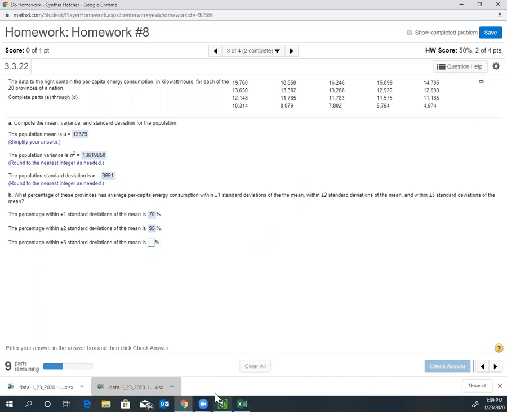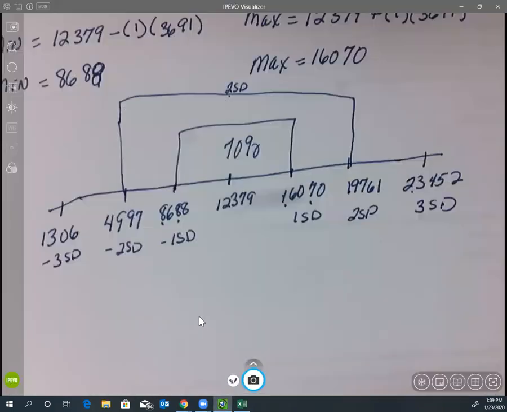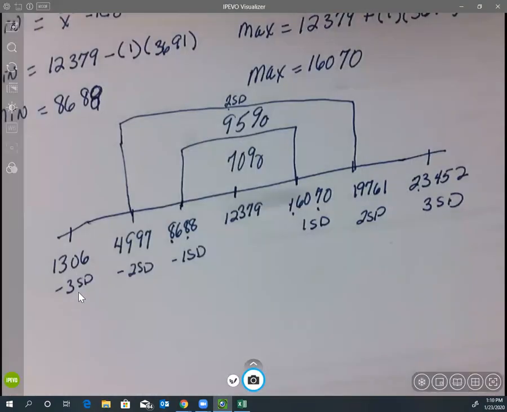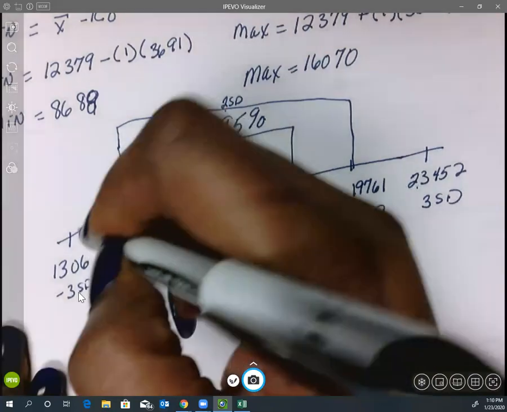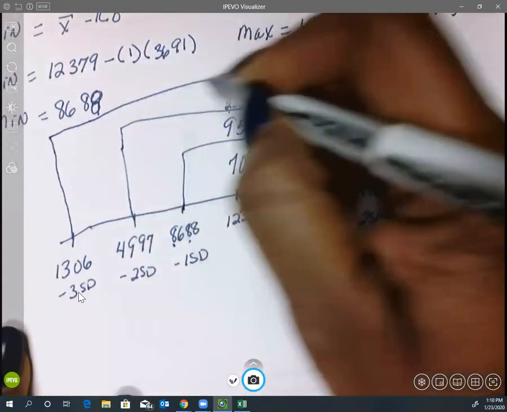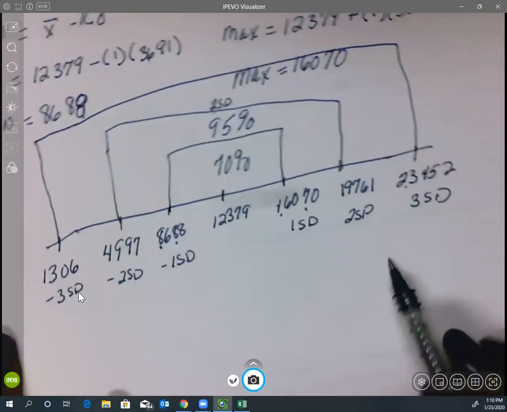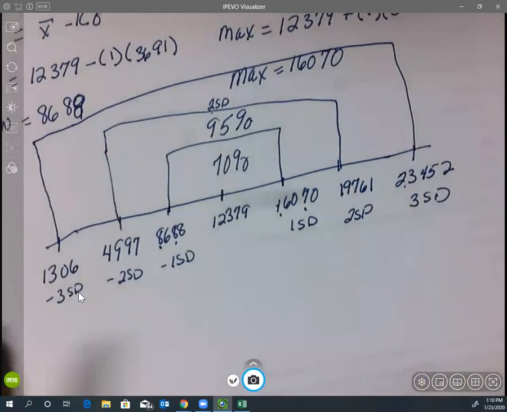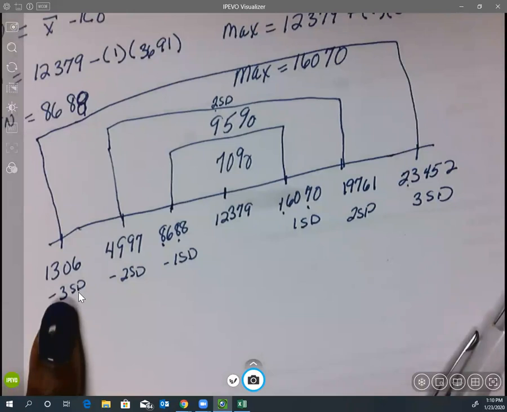So if we go back to my paper, 3 standard deviations is between 1,306 all the way to 23,452.